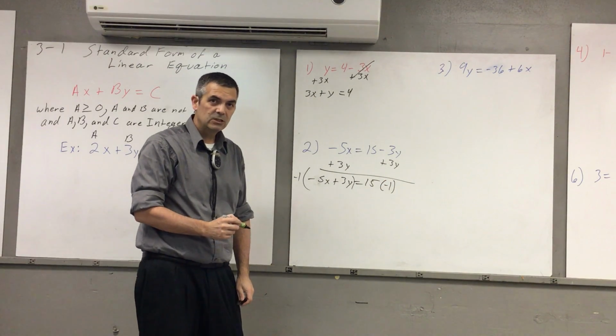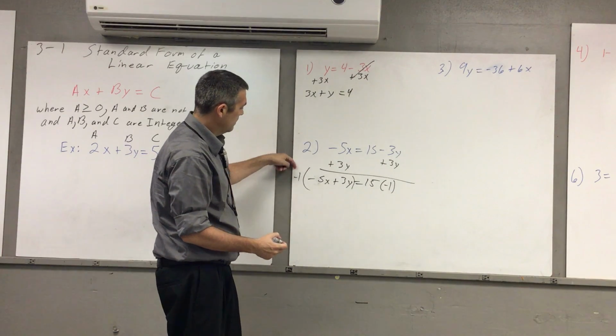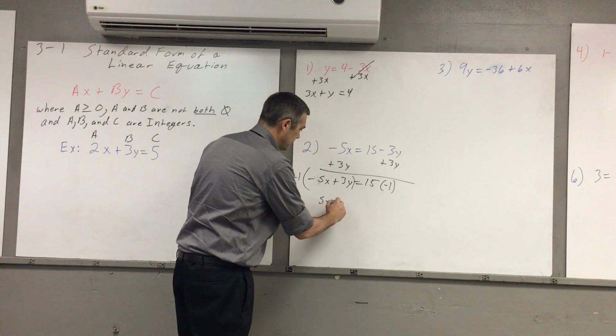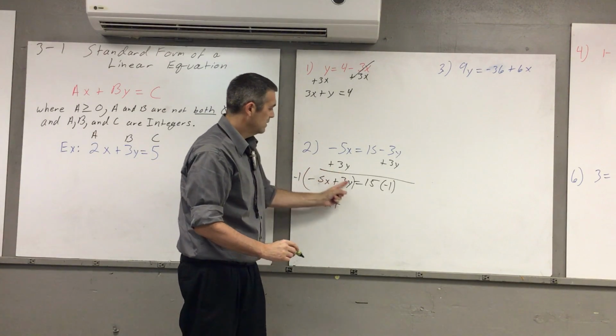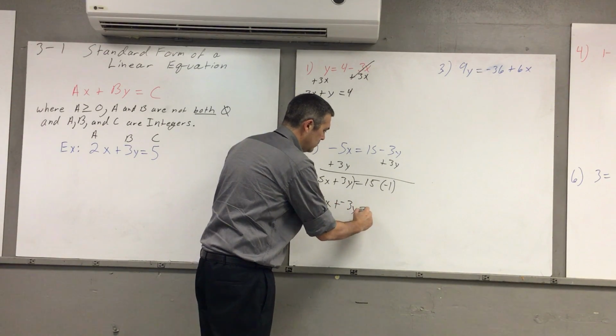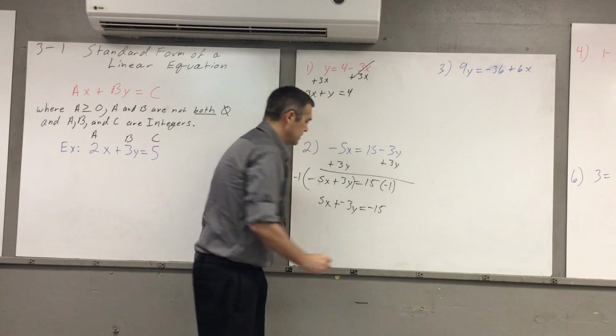So this is going to change your signs. Distributive property: negative 1 times negative 5 becomes 5x, plus negative 1 times 3y is negative 3y, equals, and 15 times negative 1 gets you negative 15.